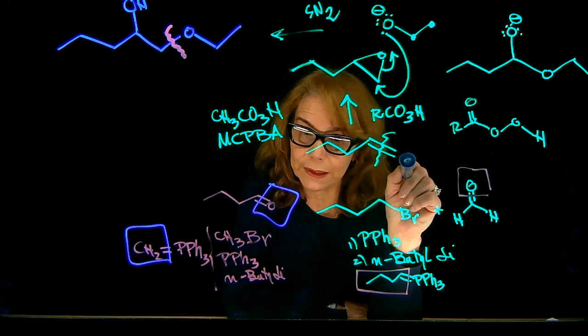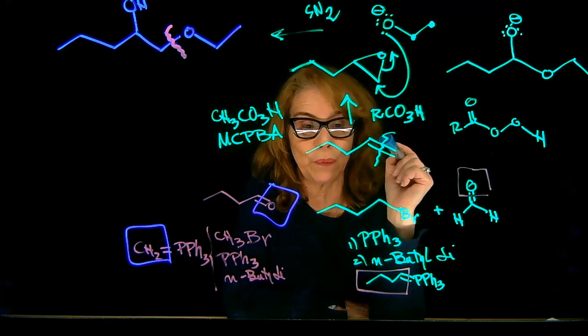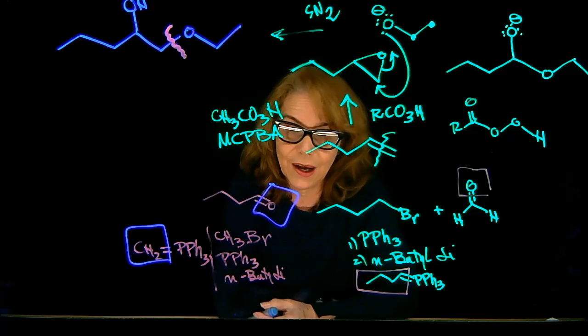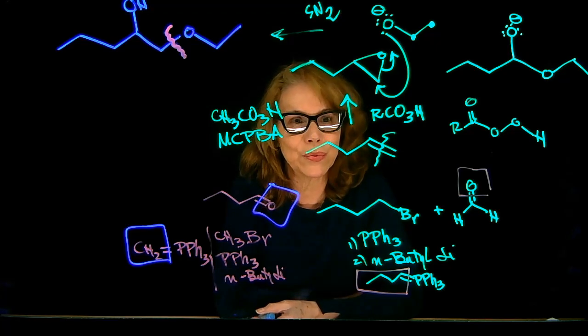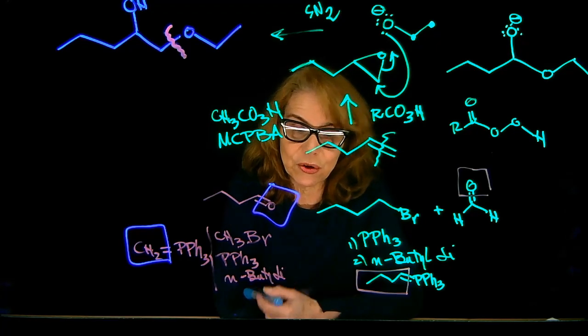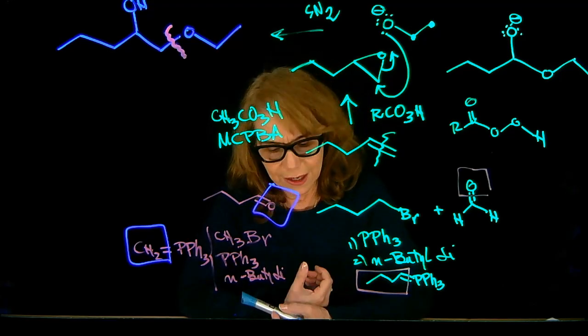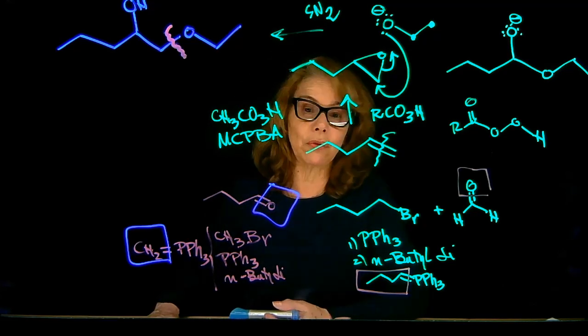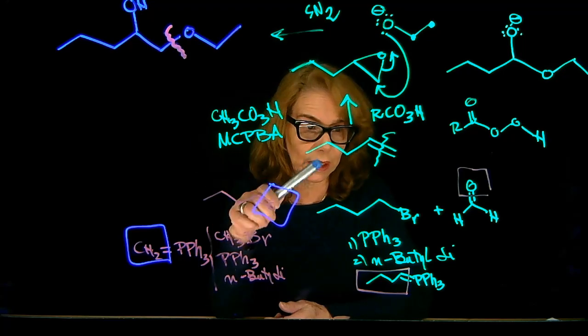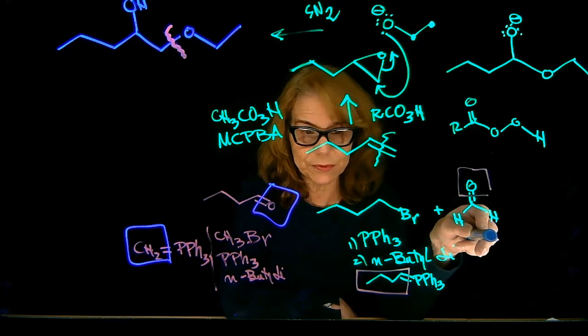Now, how do I make an alkene? One way that we have to make alkenes is using a Wittig reaction. In Wittig, you have two possible pathways. So again, it's a matter of choosing the pathway that will give you a better yield. But in this case, see, formaldehyde is very reactive.